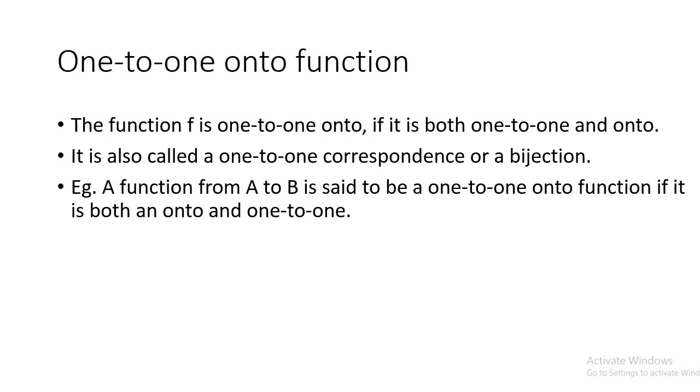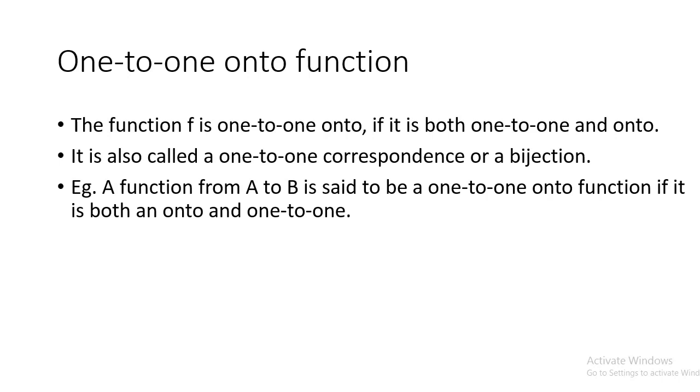The function f is called a one-to-one onto function if it is both one-to-one and onto, and it is also called a one-to-one correspondence or a bijection.